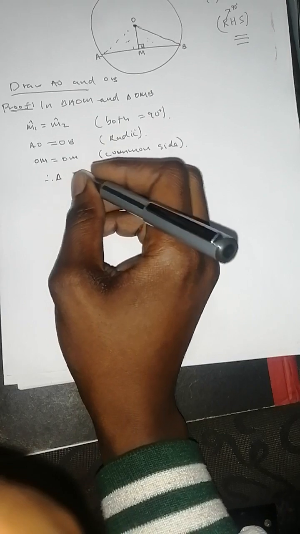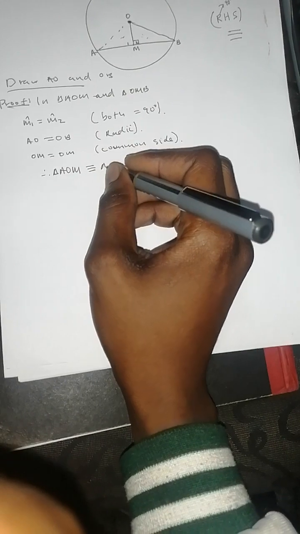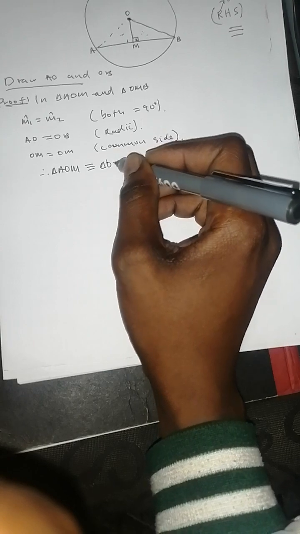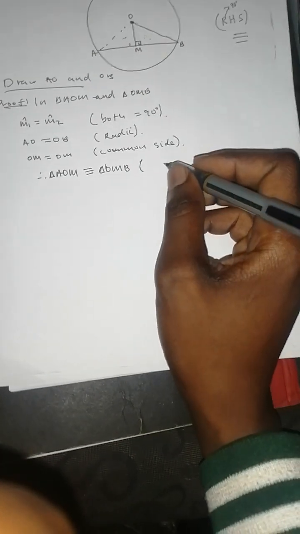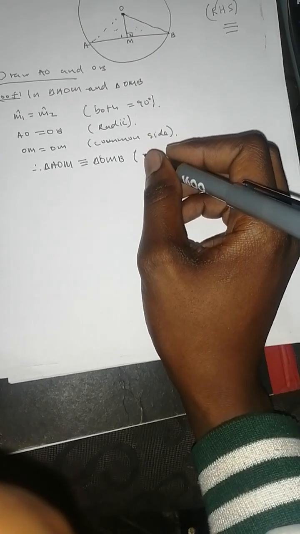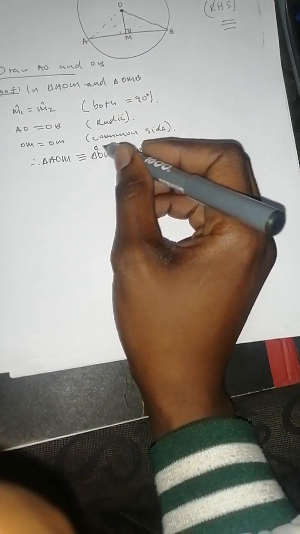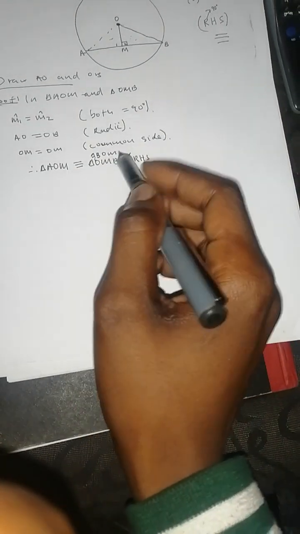Therefore triangle AOM is congruent to triangle OMB. Reason: RHS. If we are required to write in order, we'll say triangle BOM, but order mostly matters when you're dealing with similarity.